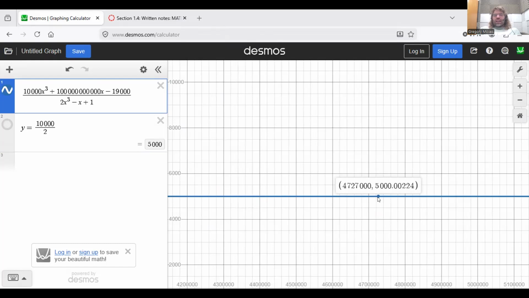When x is around 5 million, now the function is 5,000.002. As x gets bigger and bigger, this rational function approaches 5,000. So that's the trick for finding limits of rational functions. Certainly, it's something you should know.